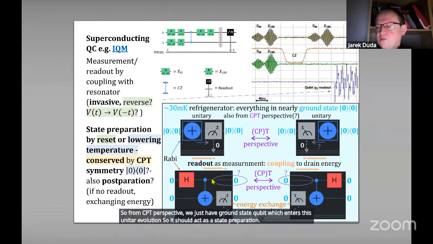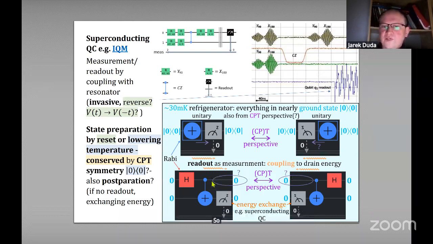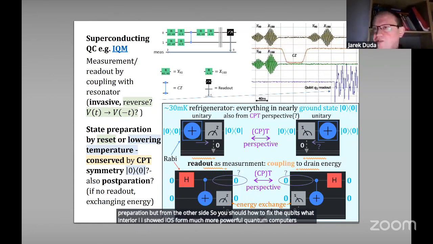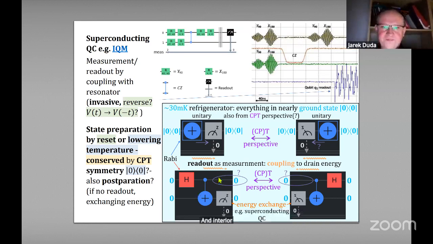So it seems that just not measuring a qubit should act the same as state preparation, but from the other side. So you should auto-fix the qubits. What I showed in theory allows for much more powerful quantum computers, better stability, and in theory solving NP problems. I think this is the most promising approach for practical two-way quantum computers.